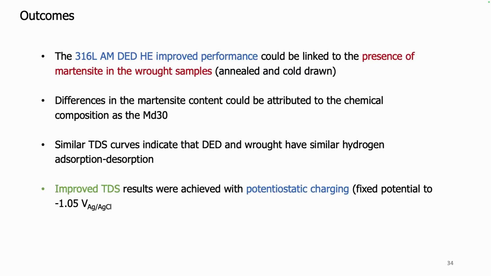But then it goes down to chemistry. It's not much exciting. And then when it comes to the TDS, we observe similar results. So based on those results, absorption, desorption, we cannot pin down that difference in the hydrogen embrittlement performance.